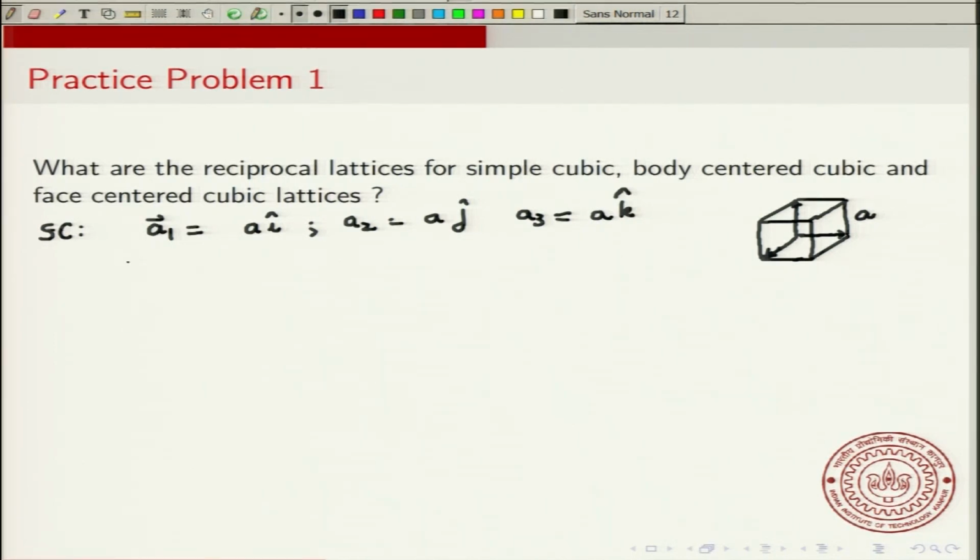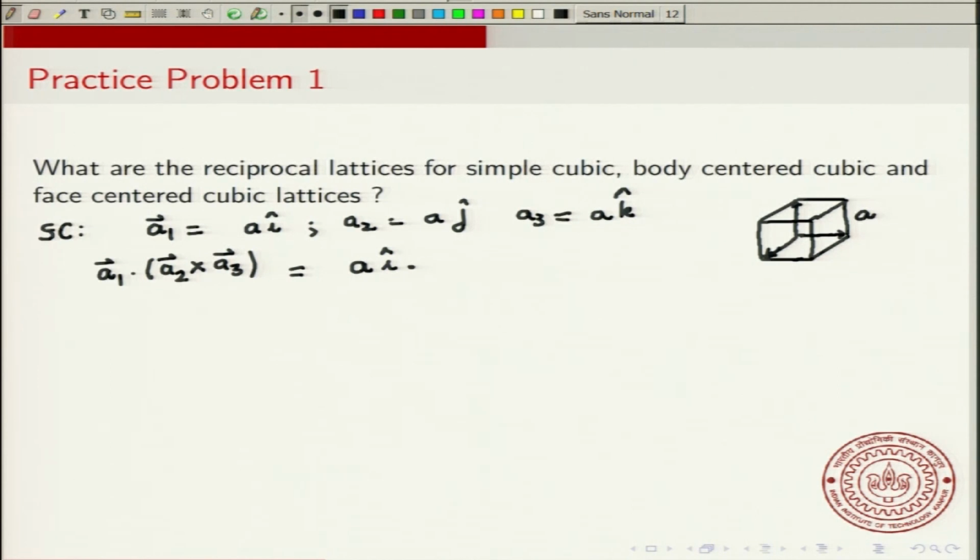So, what do we get? First thing, let us calculate A1 dot A2 cross A3. Now we can do this quite easily. A1 is just A times i dotted into, now A2 is A times j and A3 is A times k.